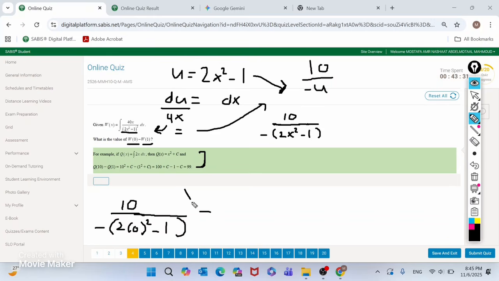Minus all of it, okay, minus 10 over negative, 2 times 1 squared minus 1.